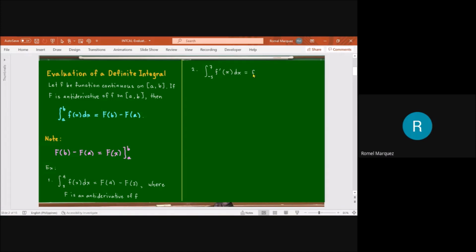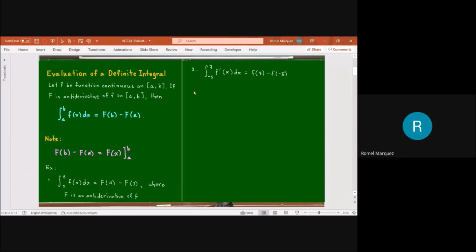Because if I have f, what's the derivative? F prime. Okay, so f of 7 minus f of -5. Look at the first example. This is small f and this is big F. Okay, if I get the derivative of big F, it is the small f.